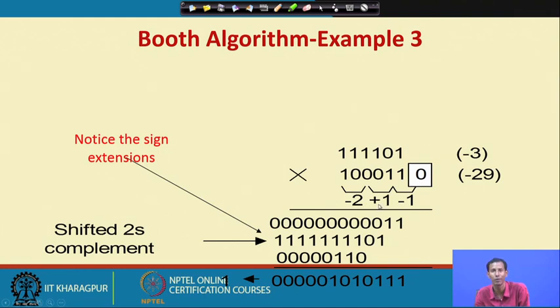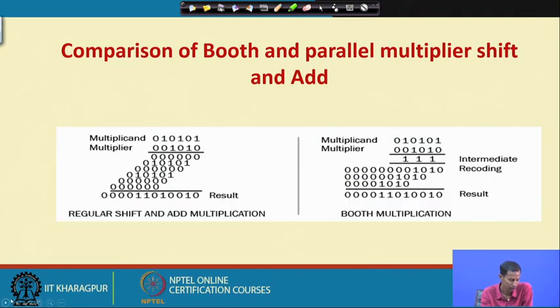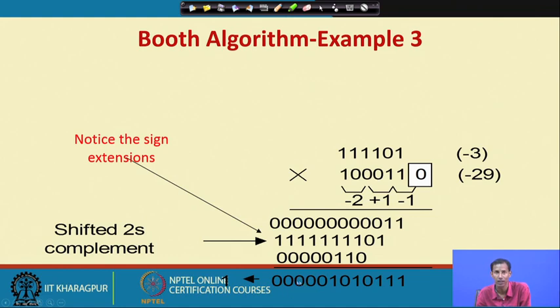Now, this one will be plus 1, this 2 will be minus 1, and this will be minus 2. So, now based on that, if you just do, you will get plus 87, because you are getting 0 over here. Okay. So, this is the sign extension.